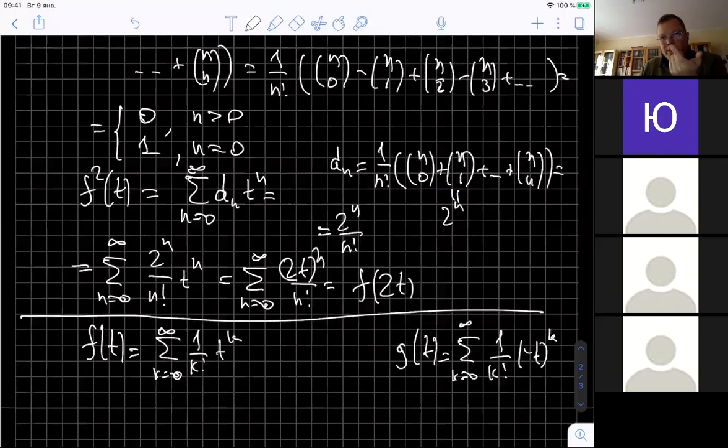Maybe we're familiar with this function: we can differentiate it infinitely many times, and if you write it as a power series, we will have this function. Do you know what function it is? Doesn't sound familiar, sir. No.